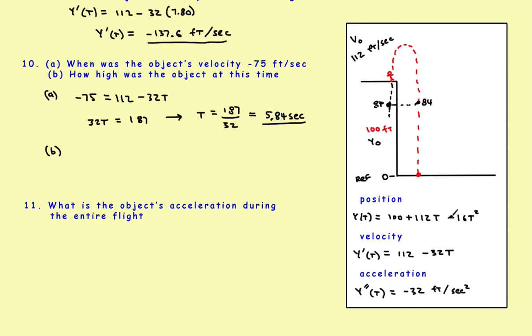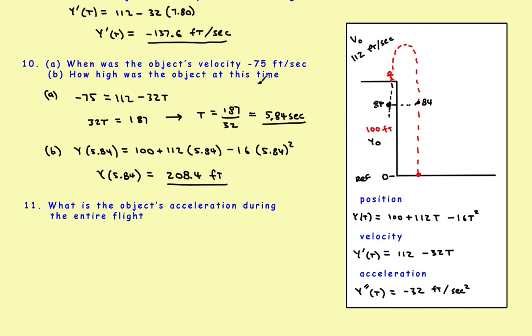So take the 5.84 and plug it into the position equation: y at 5.84 is 100 plus 112 times 5.84 minus 16 times 5.84 squared. And if you stick that on a calculator, you'll find that the height at 5.84 seconds was equal to 208.4 feet.